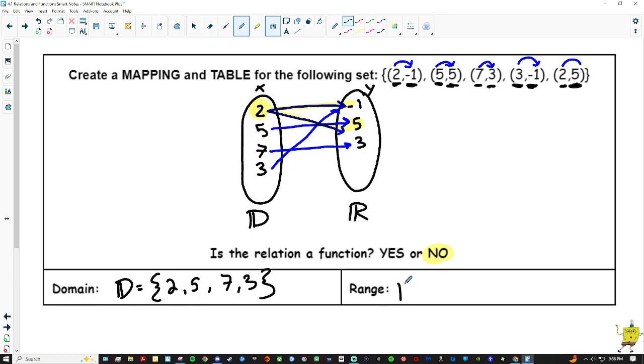Our range, capital R, draw your bracket, is the y values: -1, 5, and 3, bracket. Okay, here's how we create a mapping. We used our mapping to determine if it is a function, which it wasn't, and we know right away I had 2 2's as x values. Since the 2's repeat, it fails. It's not a function.